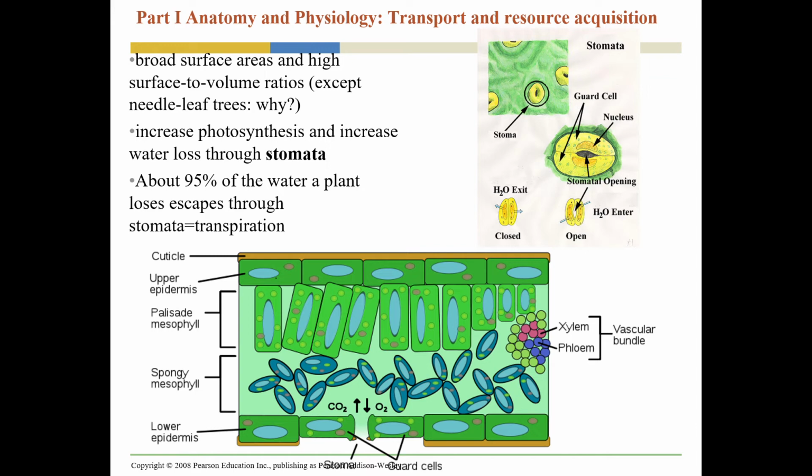And those guard cells open or close depending upon the needs of the leaf. And the leaf exchanges water vapor as well as gases like carbon dioxide and oxygen from the atmosphere. And again, how much of this activity takes place depends upon whether those guard cells are open or closed.